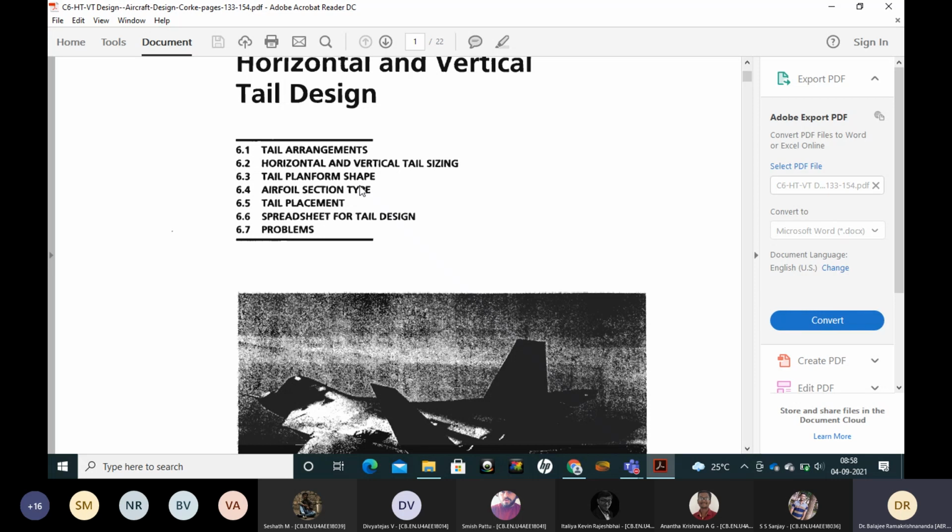Spin is something like the aircraft is spinning around its own axis and spiraling downwards. Uncontrolled, it may just lead to a crash. If you have to get out of it, you should use a rudder. So when it spins, unfortunately, a portion of the rudder will be in the wake of the horizontal tail. So you have to make sure that it doesn't lie in the wake in case of such a contingency.